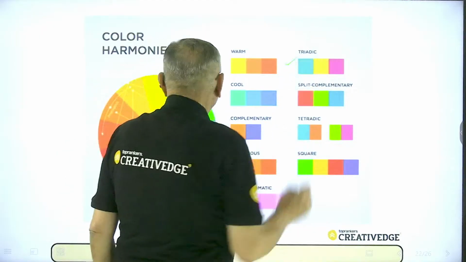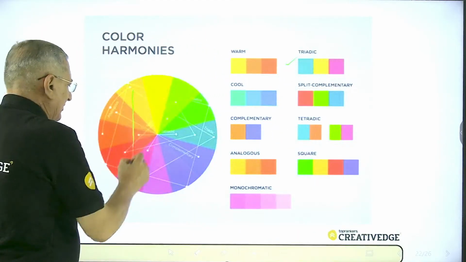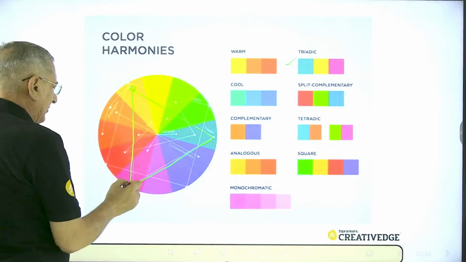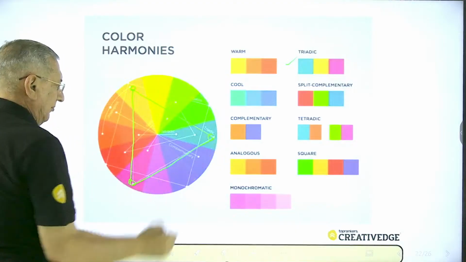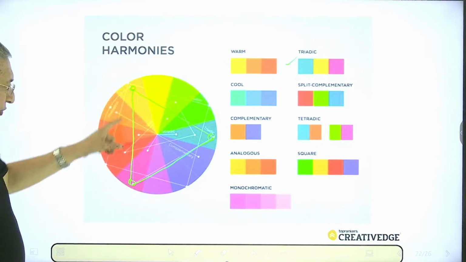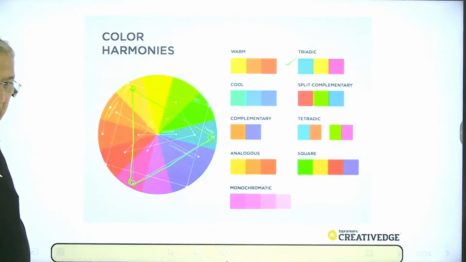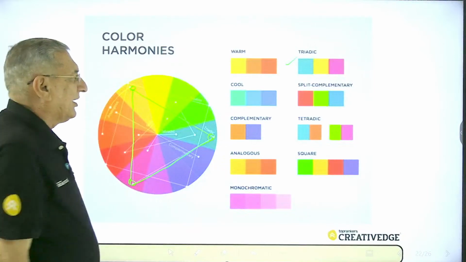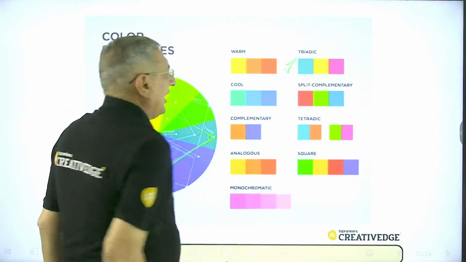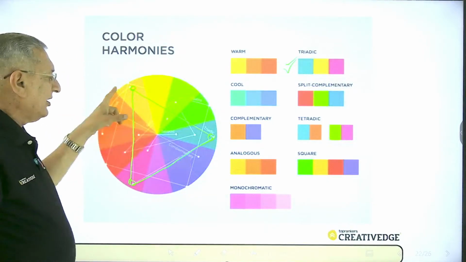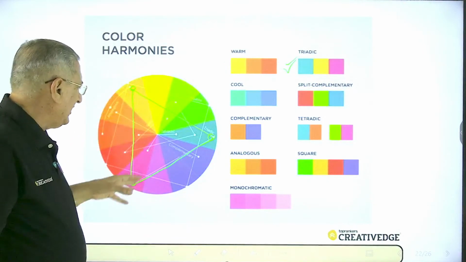Triadic color. If you have an equilateral triangle placed on this color wheel, wherever the vertices are falling, if those colors are used in a color scheme or in a picture, then that picture would be called a picture made with triadic color. It is not necessarily that you place the equilateral triangle only on these colors.